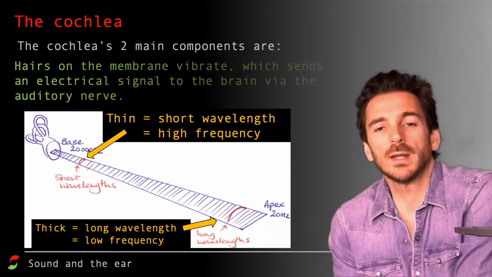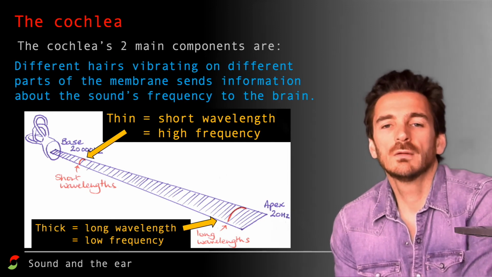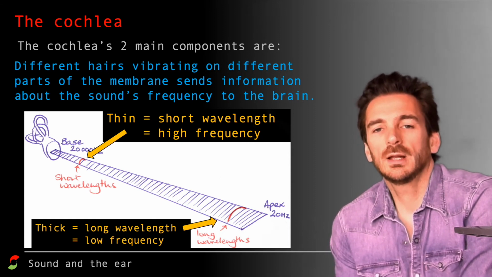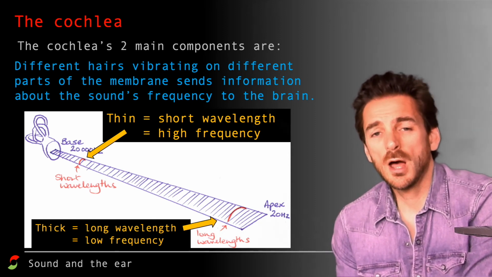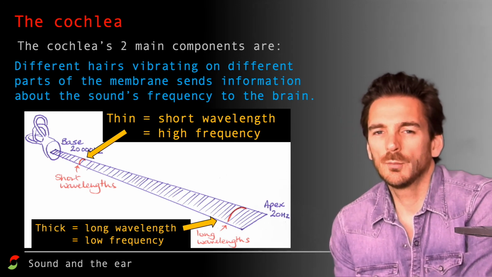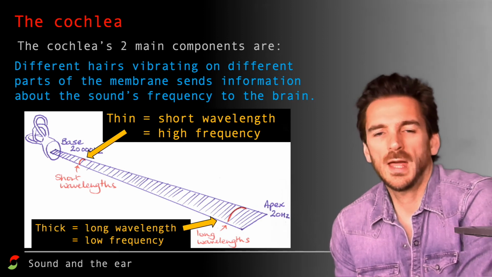And that's how we end up hearing different frequencies. So different hairs vibrating at different positions along the membrane will send electrical signals to our brain about different frequencies. So it's all very complex, but it's all to do with a stretched out piece of membrane with hairs on it.